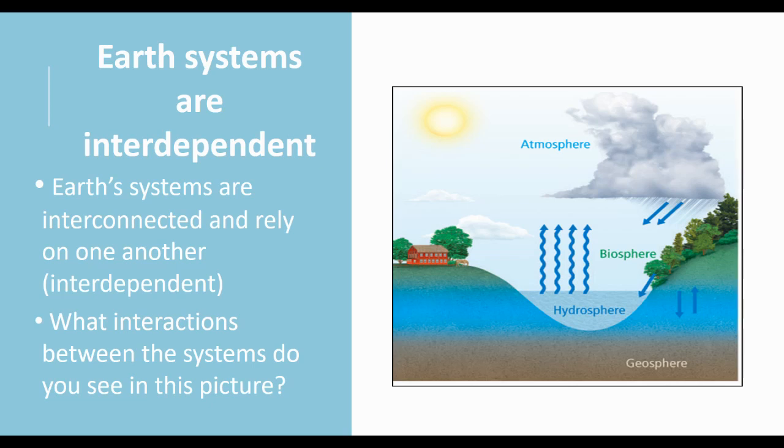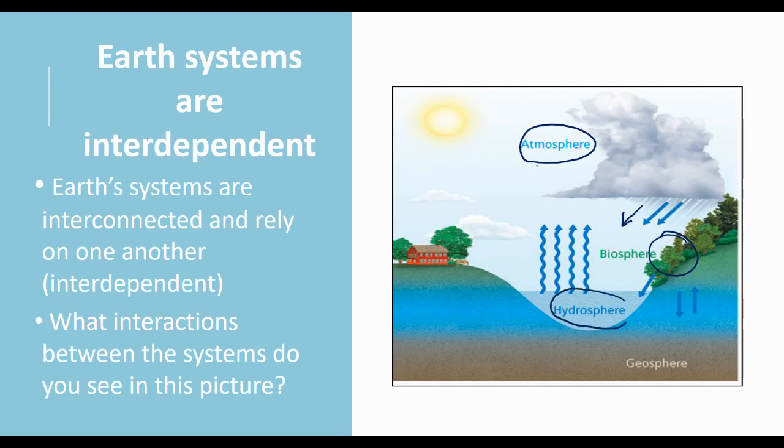If we look at this picture, I would like you to write down what interactions that you see between the systems in this picture. So we have our atmosphere here. We have our atmosphere, finally. And then we see the biosphere, the plants right there, probably animals living there also.